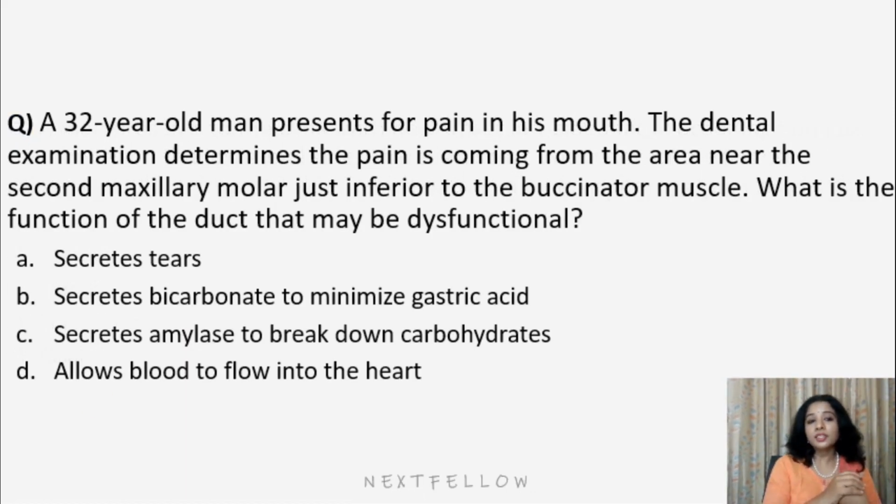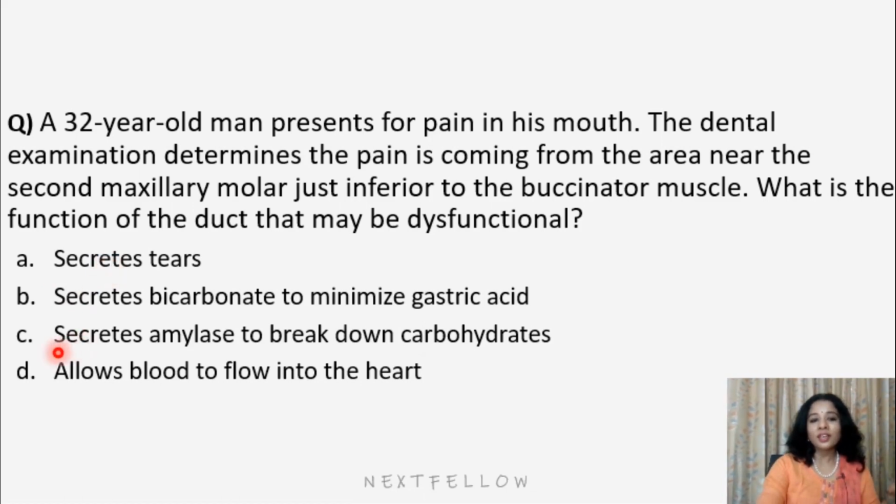A 32-year-old man presents with pain in his mouth, and the dental examination determines the pain is coming from the area near the second maxillary molar, meaning upper molar. We know where the parotid duct opens. So what is the function of the duct? The main function may be dysfunctional. Does it secrete tears? No, it is the parotid.